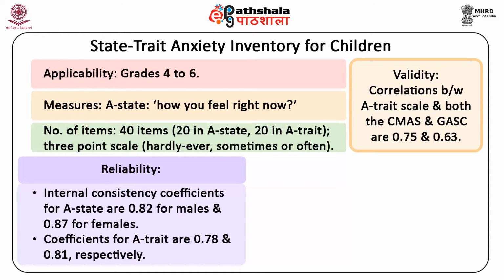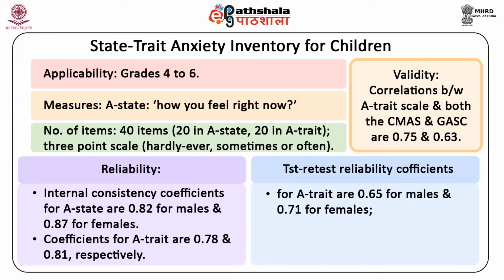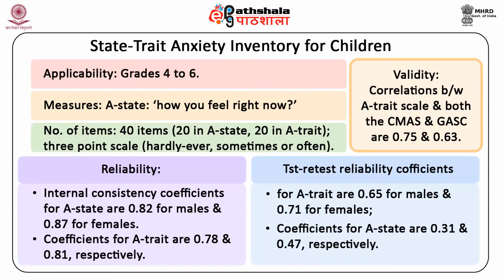Coefficients for A-trait are 0.78 and 0.81 respectively. Test-retest reliability coefficients for A-trait are 0.65 for males and 0.71 for females. Coefficients for A-state are 0.31 and 0.47 respectively. Validity: correlations between the A-trait scale and both the Children's Manifest Anxiety Scale and the Generalized Anxiety Scale for Children are 0.75 and 0.63 respectively.